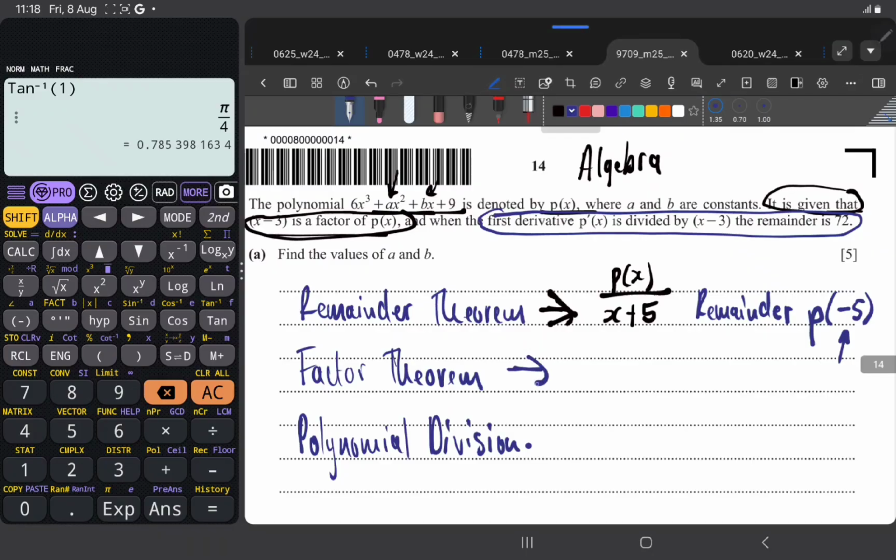Now, the factor theorem is a special version of the remainder theorem. Are you hearing me? The factor theorem is a special version of the remainder theorem. We are just reversing the statements.